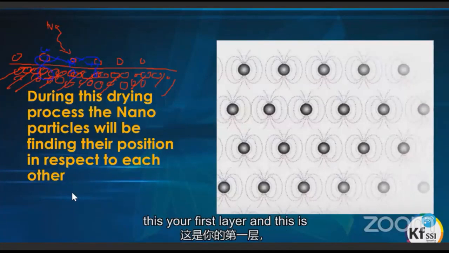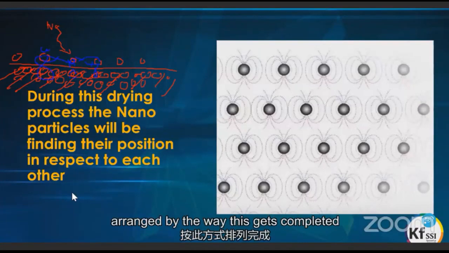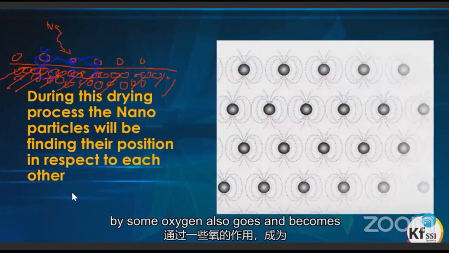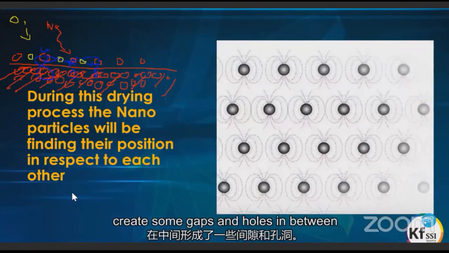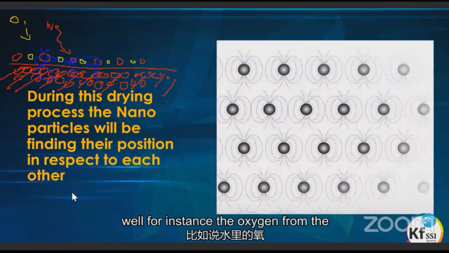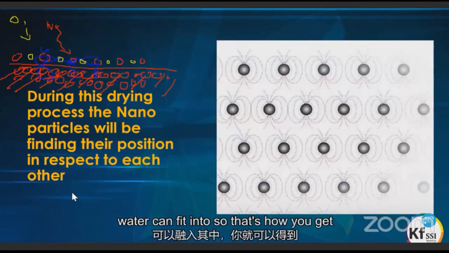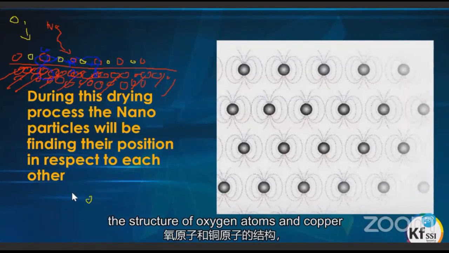Once you made this first layer, and this is arranged, by the way, this gets completed by some oxygen, which also goes and becomes part of your structure. The copper atoms create some gaps and holes in between where, for instance, the oxygen from the water can fit into. So that's how you get the structure of oxygen atoms and copper atoms.